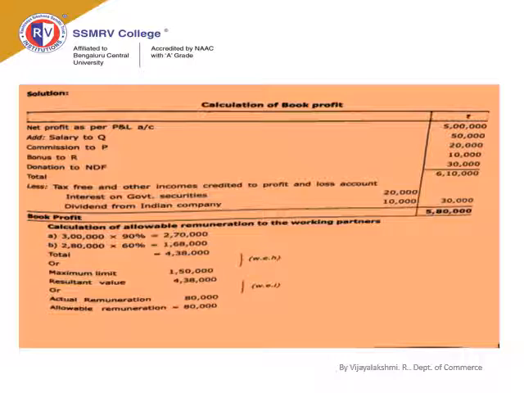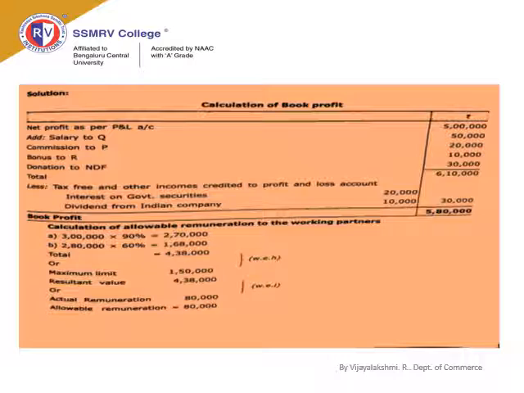Totally we get 6,10,000, from which we deduct the income from other sources, that is tax free and other income credited to P&L account. One is interest on government securities 20,000, and dividend from an Indian company 10,000. These two are items which we are receiving, that should be deducted from net profit. So 30,000 is deducted. Totally the book profit we get is 5,80,000.